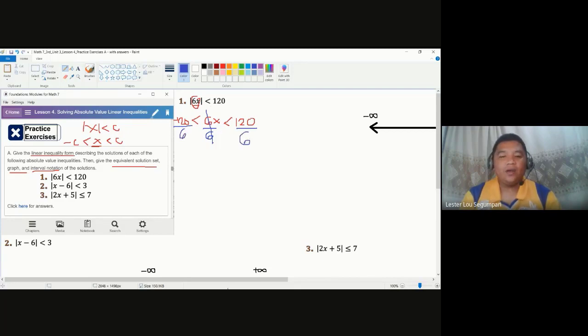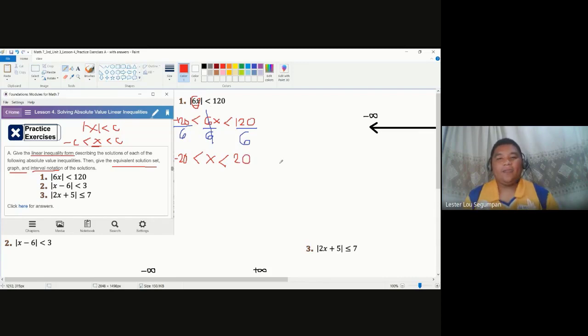That should be what must be applied to retain the inequality. So with that, we'll have x is greater than negative 120 divided by 6, which is negative 20, but less than 120 divided by 6, which is positive 20.